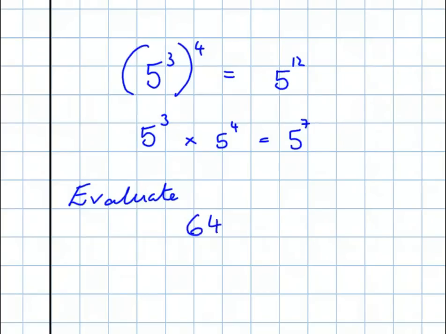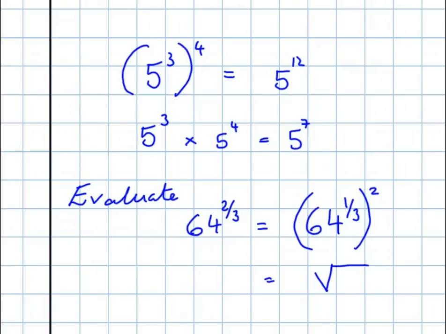64 to the 2/3. That's the same as 64 to the 1/3, all raised to the power 2. Because if I multiply the third times 2, I'd get 2/3. What's 64 to the 1/3? That's the cube root of 64.